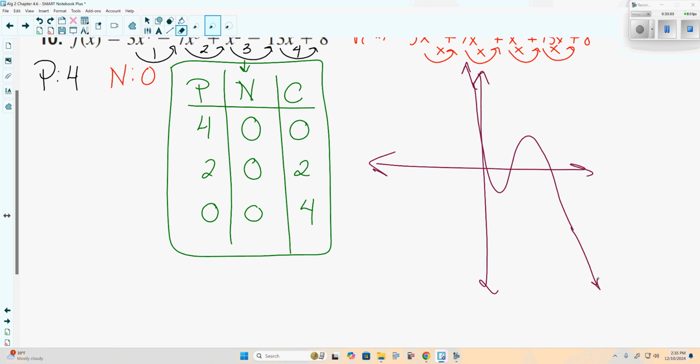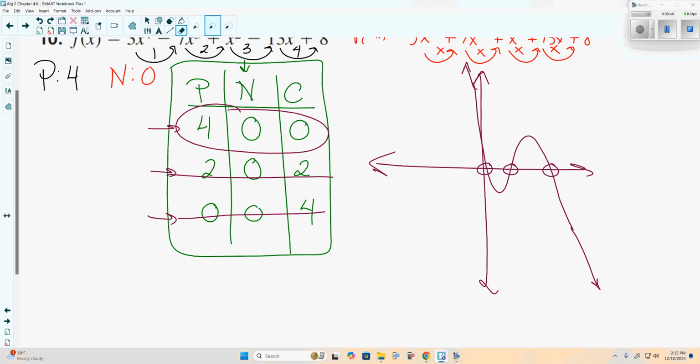So according to Descartes' rule of signs, the number of possible positive solutions has to be 4, 2, or 0, yes? If I look at this graph here, well, I have 1, 2, 3 positive solutions here, yes? So according to this chart, well, 0, 0, 4 is not going to work because I definitely got more than 1 positive. But we actually got more than 2. So the only possible arrangement is 4 positive, 0 negative, and 0 complex, yes?